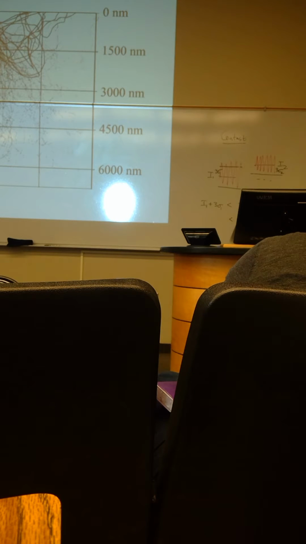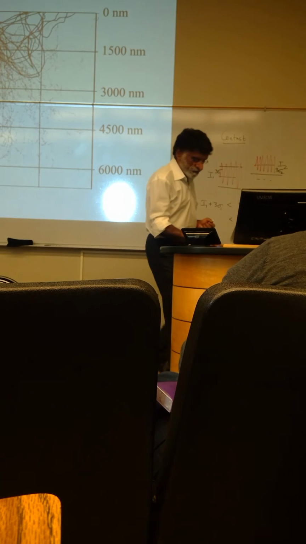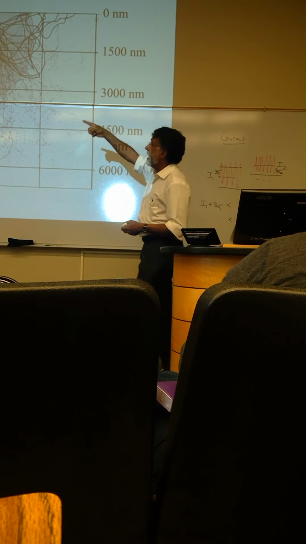For a certain distance, it moves in the forward direction, and then after that distance, it gets sufficiently scattered that it changes direction. That distance is called the diffusion depth. Typically the diffusion depth is something like that.